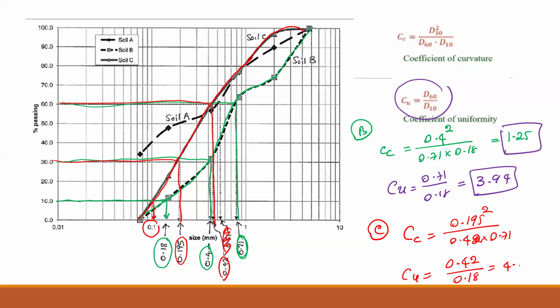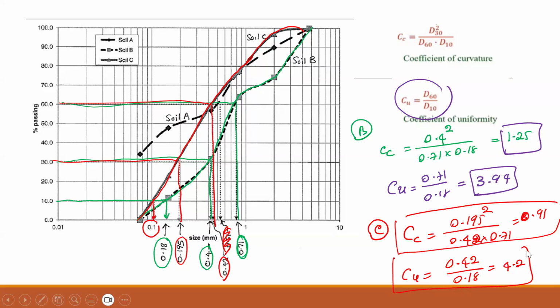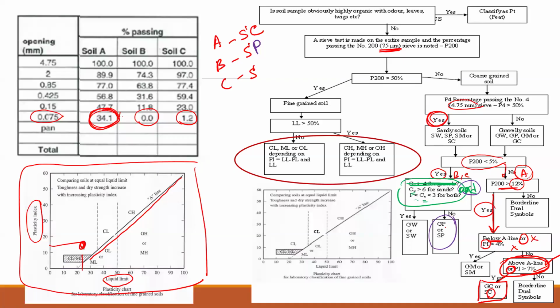This is 4.2 and this is 0.91. So if you look at these two, also not satisfying both the conditions. If you go to here, it is no again.